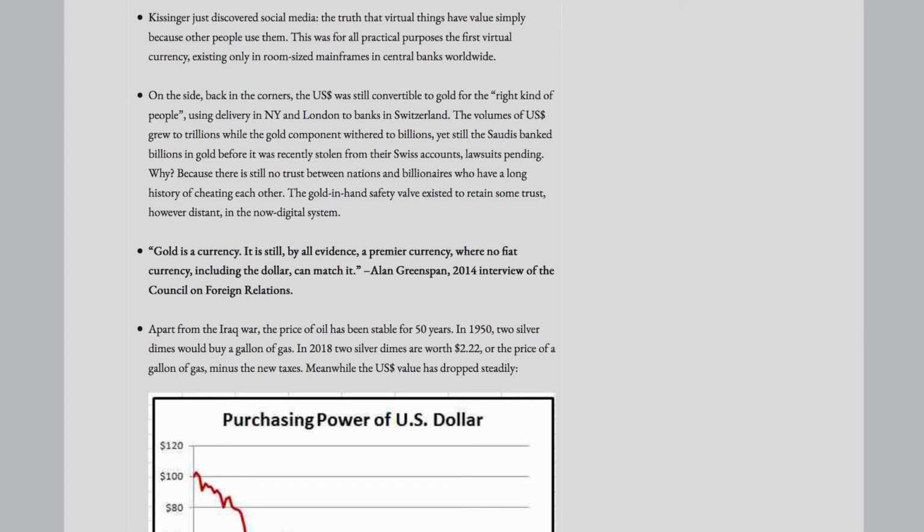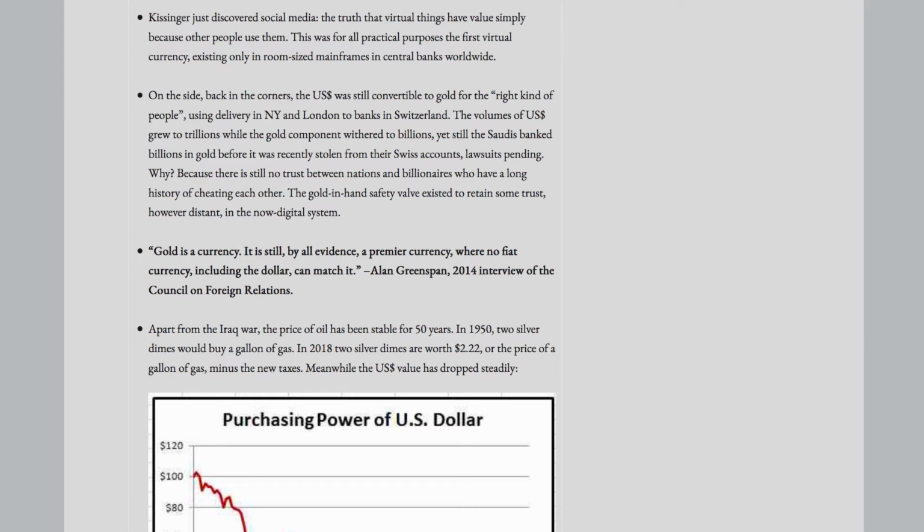On the side, back in the corners, the US dollar was still convertible to gold for the, quote, right kind of people, end quote, using delivery in New York and London to banks in Switzerland. The volumes of US dollars grew to trillions, while the gold component withered to billions. Yet still the Saudis banked billions in gold before it was recently stolen from their Swiss accounts, lawsuits pending.